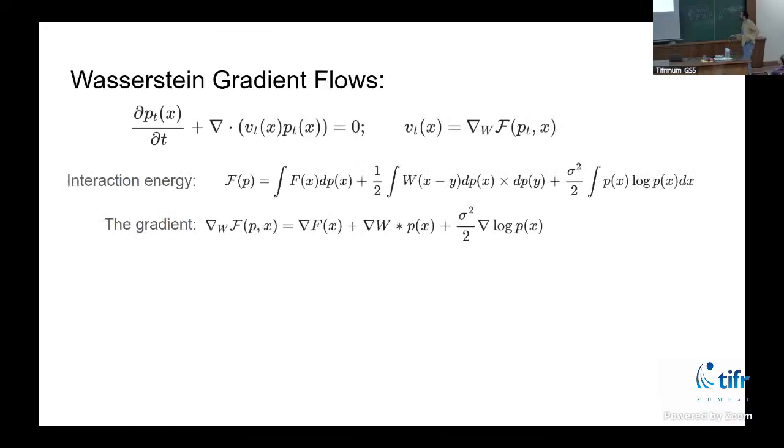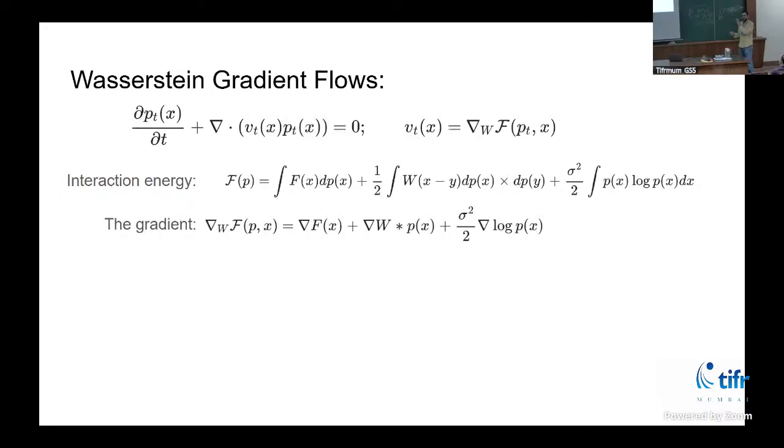So now let's look at the prototypical non-trivial example in this case. What is the Wasserstein gradient for the interaction energy? Let's recall what this interaction energy is. We have this energy, the integral of f of x dP of x, and then there's a self-interaction, a W of x minus y. Let's think of it as a field: I draw two elements independently from P, and then I compute W of x minus y.